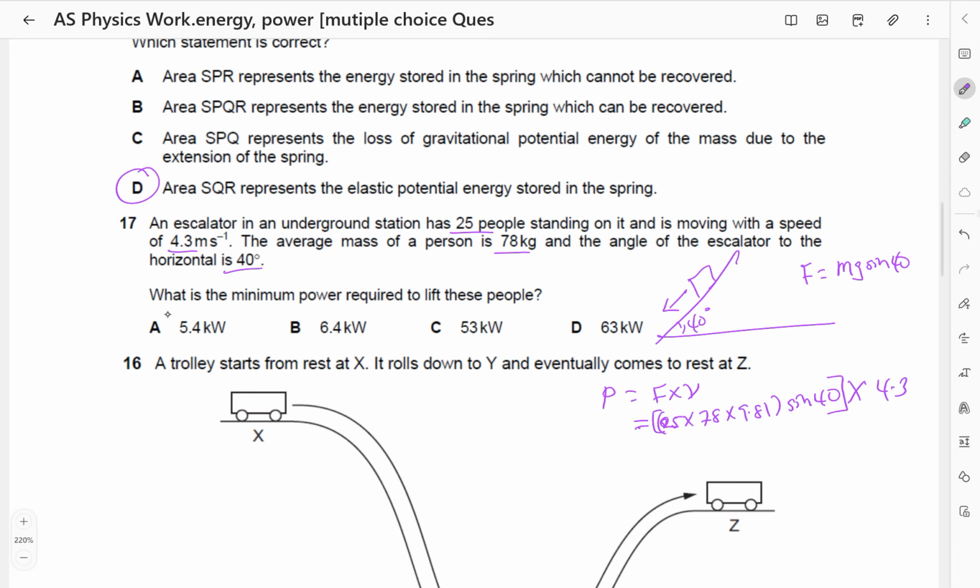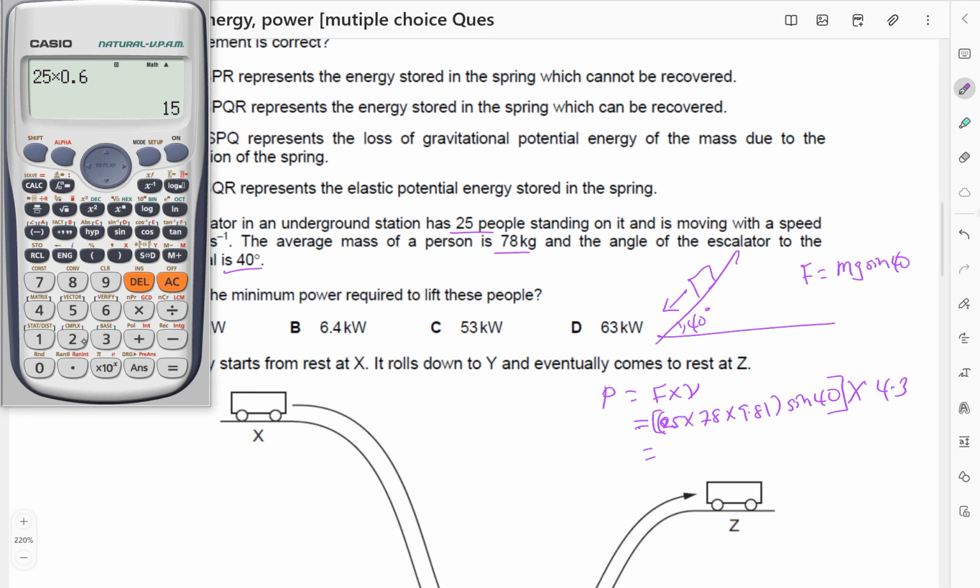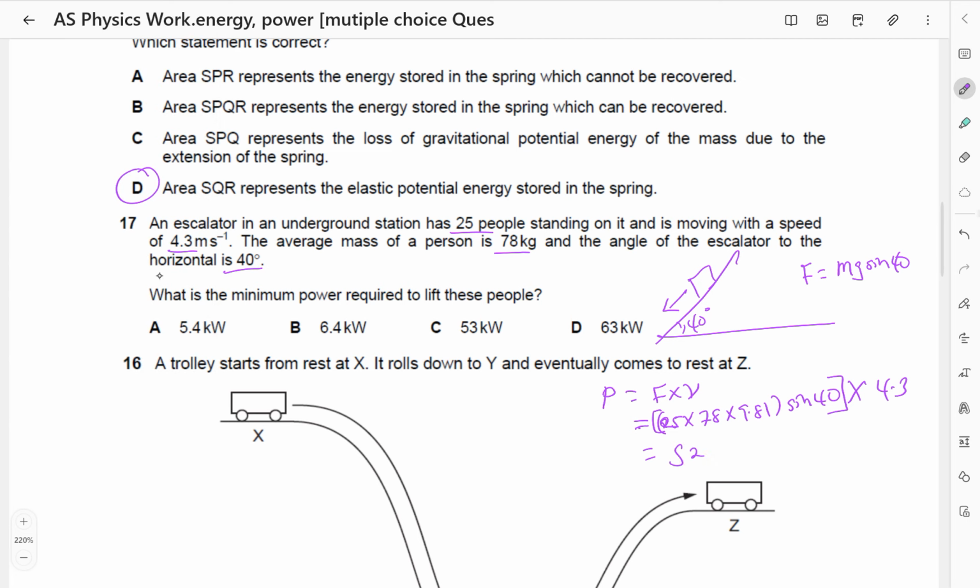So we have 25 times 78 times 9.81 sine of 40, then times 4.3. That is 52873. When I round off, this is approximately 53 kilowatts. So the answer is C.